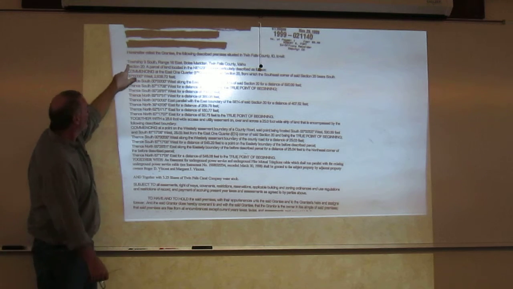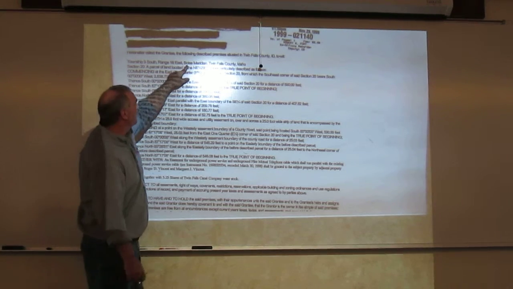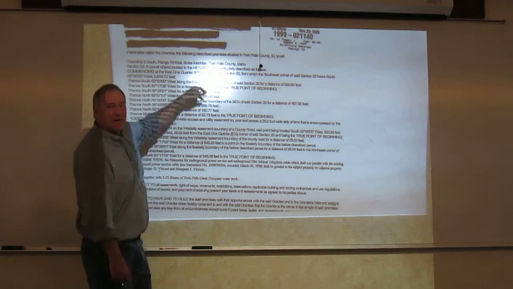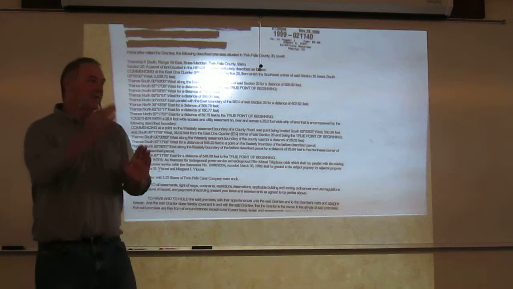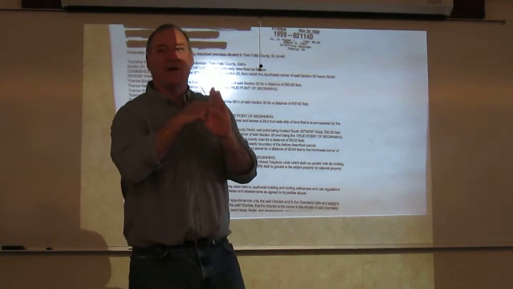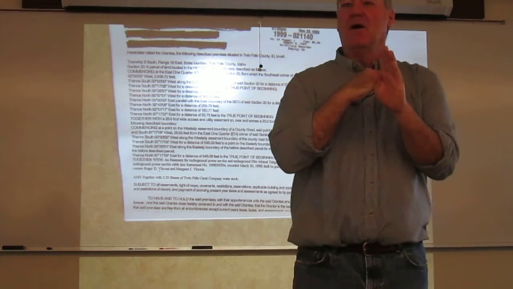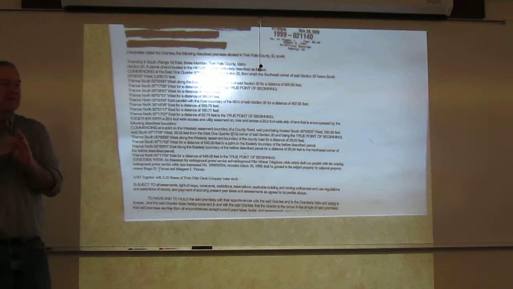So look at the very first line: Township 9 South, Range 16 East, Boise Meridian. Can you tell approximately from the Boise Meridian, which is a crossing of a latitudinal and longitudinal line, how many miles you are south and east of that point?